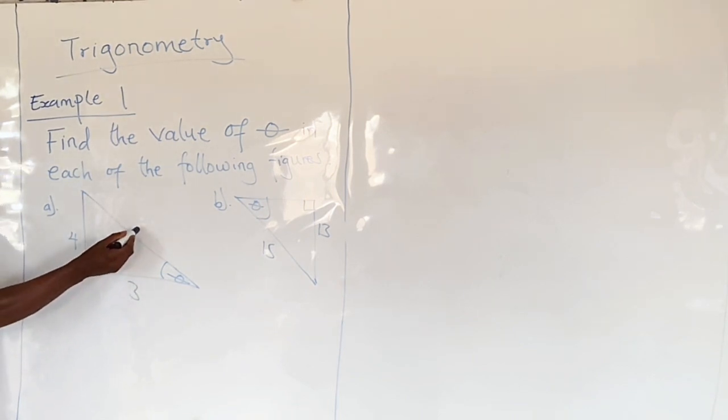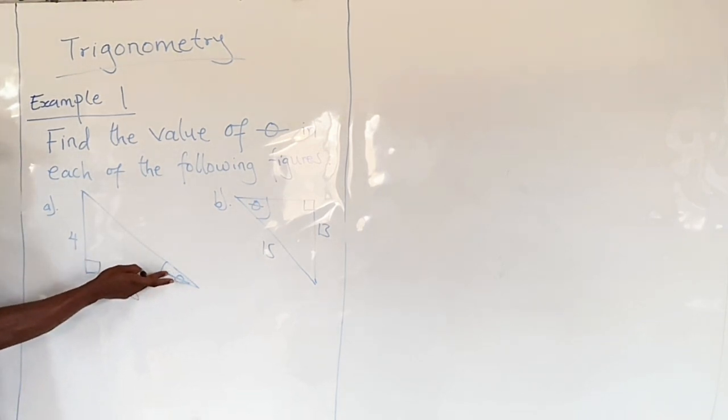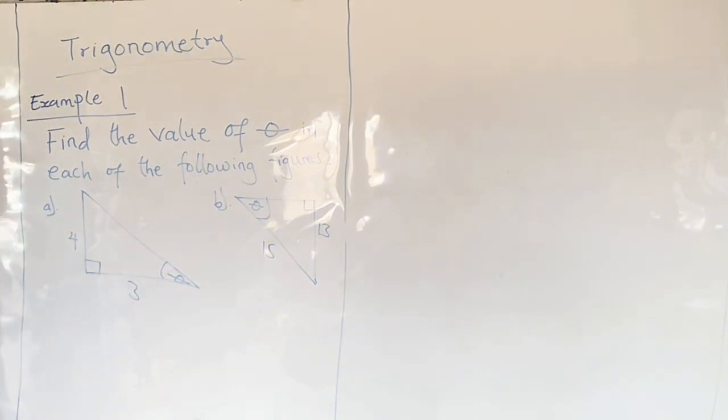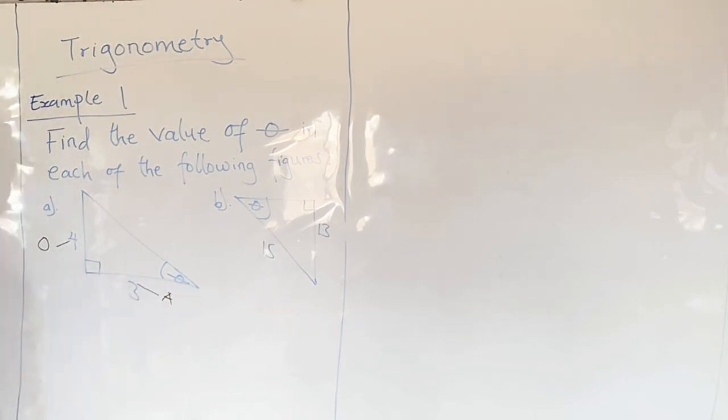So here is our hypotenuse. Now, if we know our hypotenuse, let's look for the other two sides. The side directly opposite to the angle is known as the opposite, and the side beside the angle is known as the adjacent side. So here 4 is opposite to the angle, and 4 becomes the opposite side, and 3 becomes our adjacent.